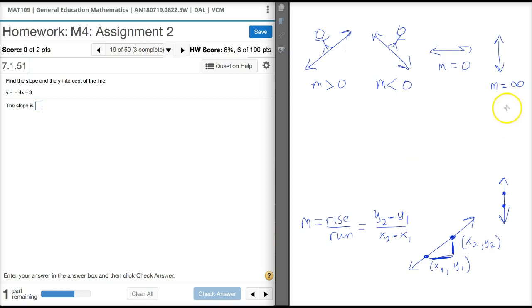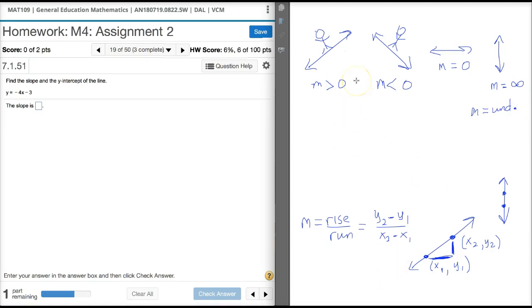Stretching that idea, saying some number divided by 0 is another way of saying we're taking something and trying to divide it by an infinitely small number, which if we take something like that, you'll see that that number just tends to get larger and larger and larger. And so that's why we say that the slope is infinite. And since infinity is not an actual real number, then another way that we say this is that the slope is undefined. And I'm just going to put UND period for short. Okay.